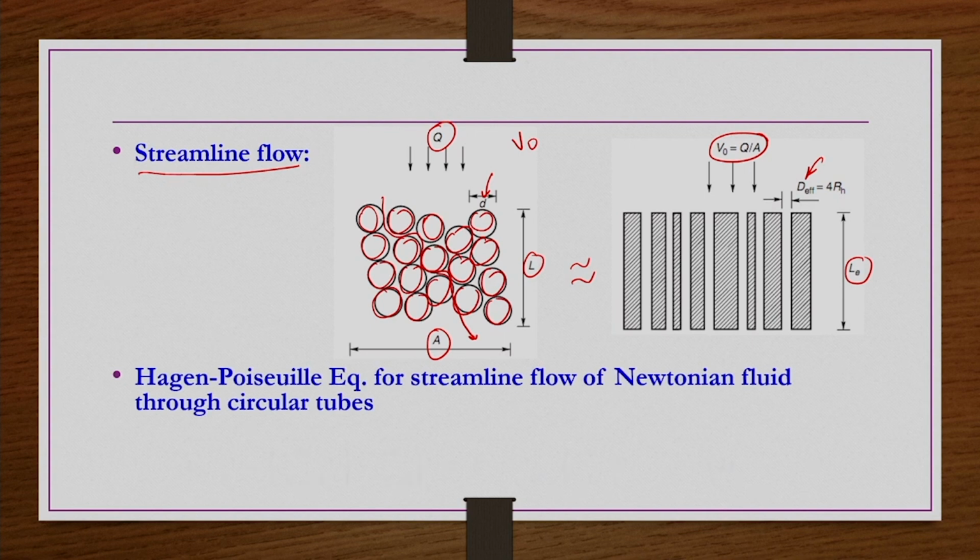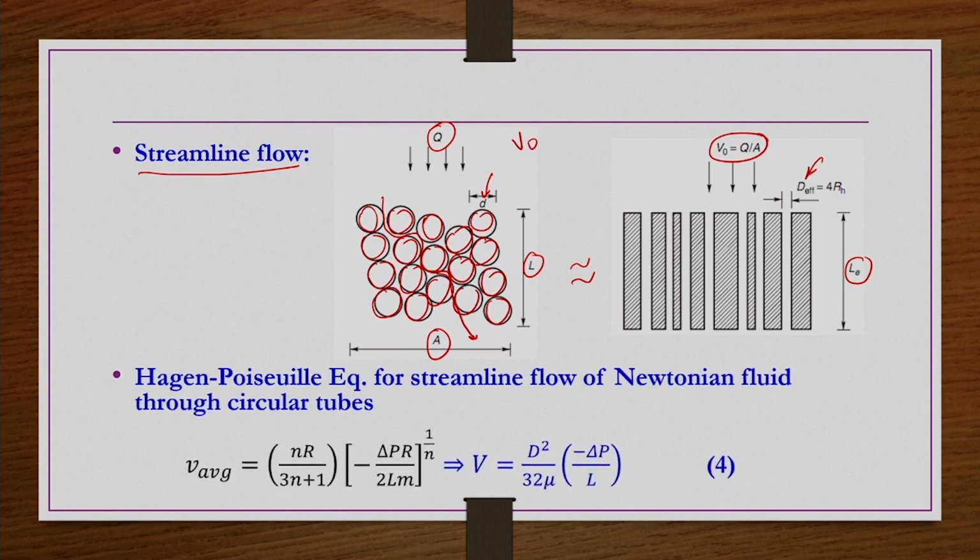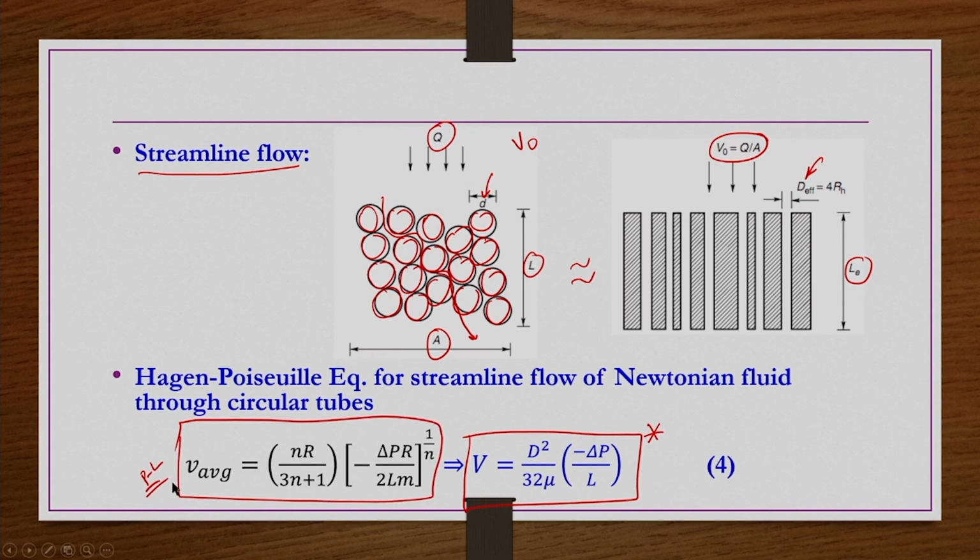Hagen-Poiseuille equation for a flow of Newtonian fluid through circular pipes is nothing but minus delta P by L equals 32 mu V by d square. This is what we know. The same thing for the power law fluids we have derived in one of the previous lectures, week 3 or 4. In this equation if you substitute n equals 1, you get this Newtonian case.